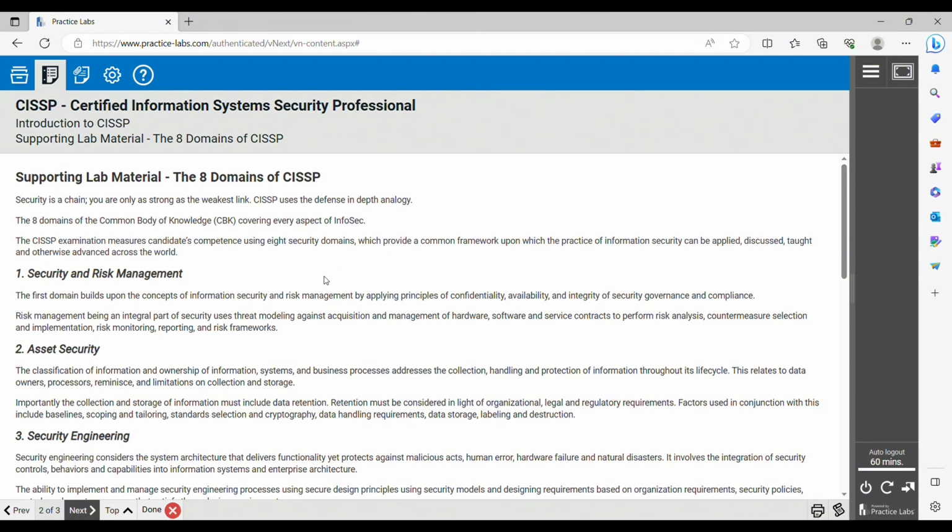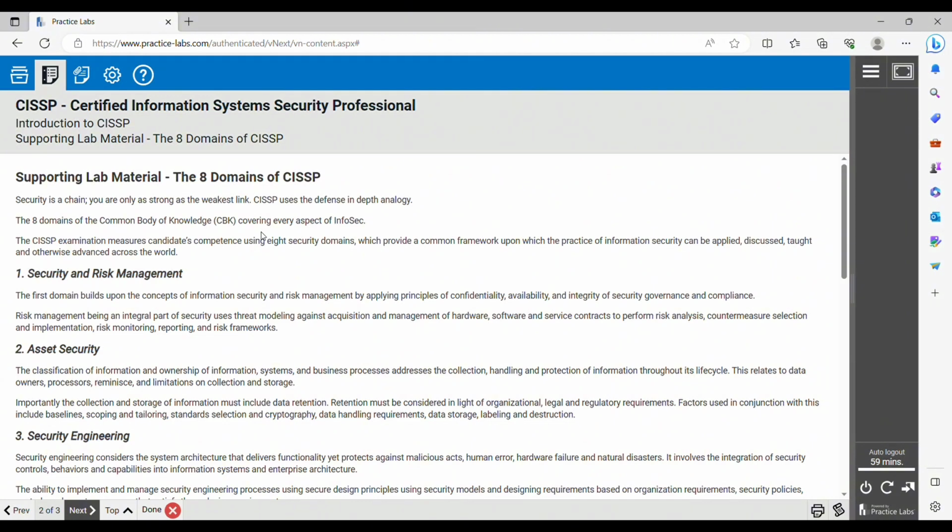Supporting lab material. The 8 domains of CISSP. Security is a chain. You are only as strong as the weakest link. CISSP uses the defense in-depth analogy. The 8 domains of the Common Body of Knowledge, CBK in short, cover every aspect of InfoSec.